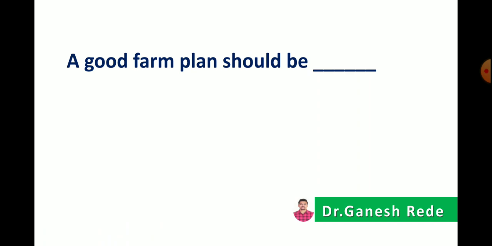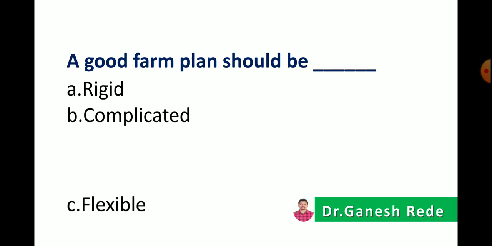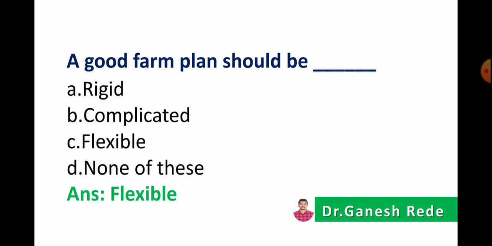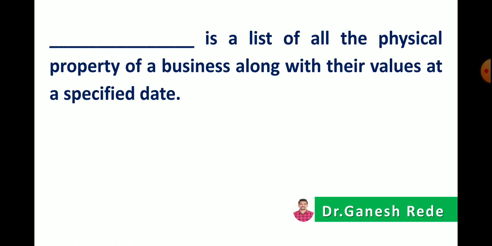The next, a good farm plan should be rigid, complicated, flexible, or none of these. The correct answer is that a good farm plan should be flexible. Next, a dash dash is a list of all the physical property of a business along with their values at a specified date.